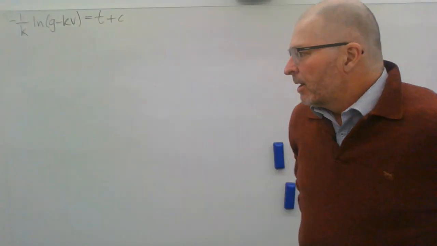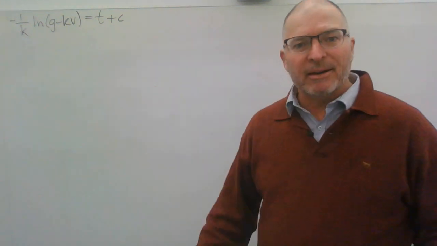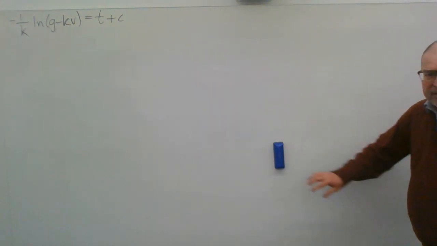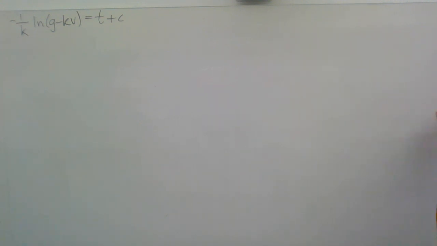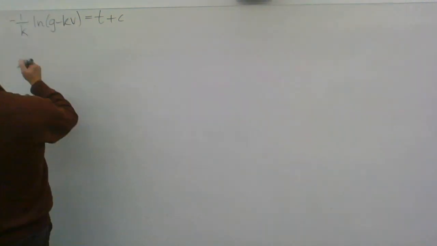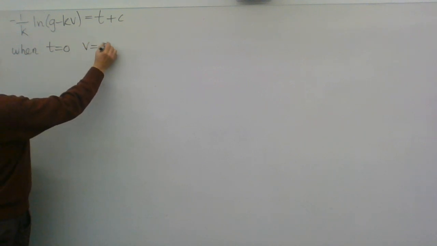All right, I need to find the value of c. So at the start, it's moving from rest. So that means that t equals 0, v is equal to 0 as well. So when t equals 0, v equals 0.